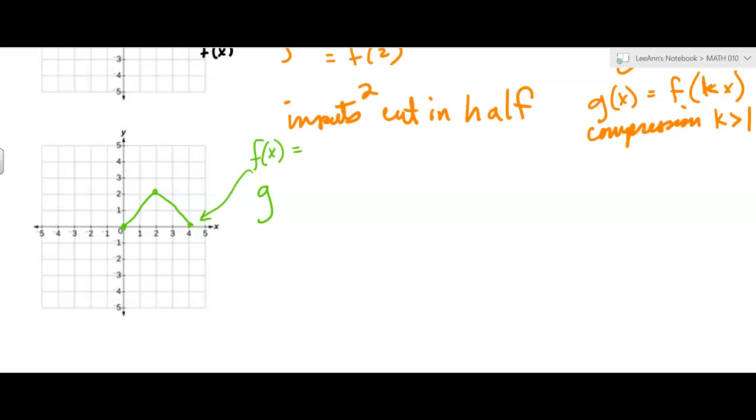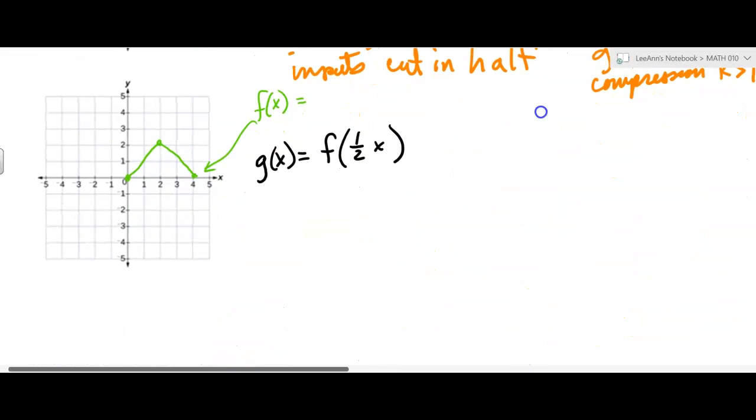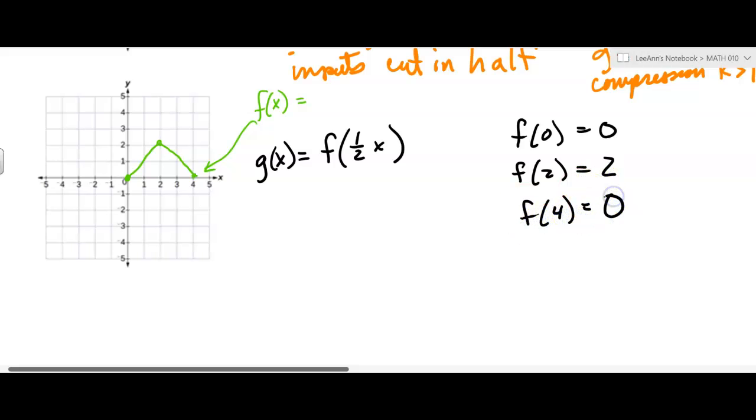Messing this up. Need to get some lunch. Okay, g of x, we're going to make that f of 1/2 x. Now I would have to scroll back up here, so let me just rewrite them. Remember, we had f of 0 equaling 0, and f of 2 being 2, and f of 4 being 0. That's what we had.